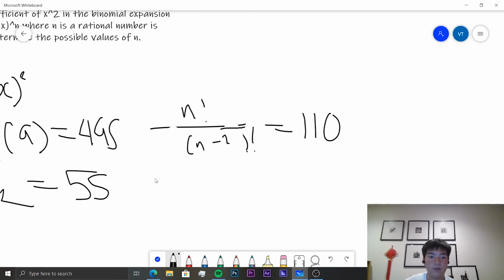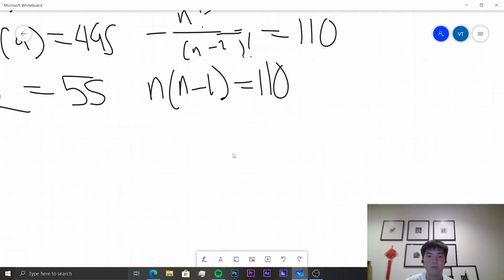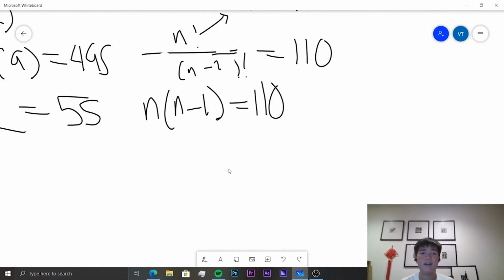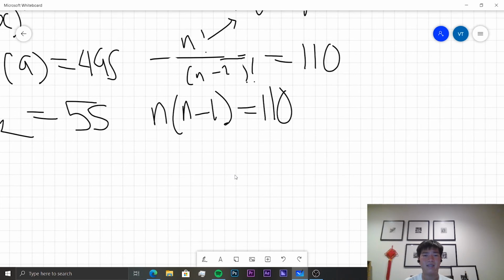And so we know that n times (n minus 1) must equal 110, since n factorial is equal to n times (n minus 1) times (n minus 2) factorial. So n times (n minus 1) is equal to 110, and we need to find all values that satisfy this equation.